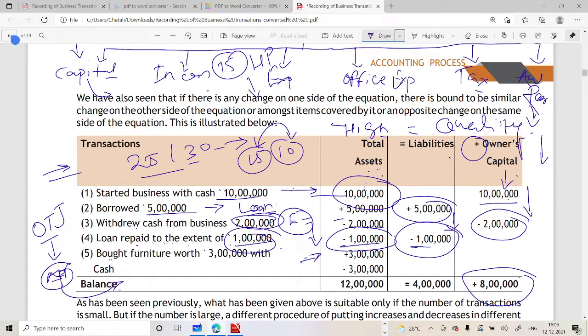Then bought furniture worth rupees 3 million. It's furniture, cash, and cash. So you have a total of around 1.2 million cash, then 4 lakhs you have as liabilities and 8 lakhs as your owner's capital.